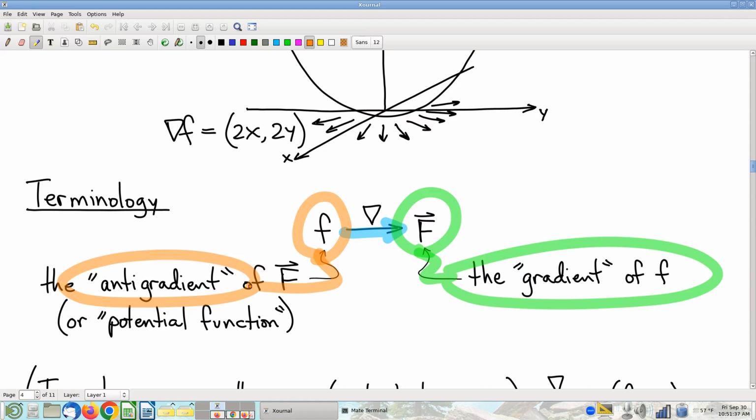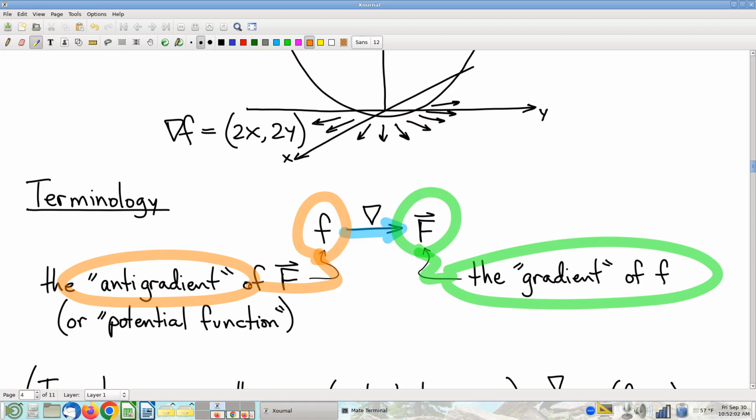Oh, look at this. I wrote the. I'm going to change that. This needs to be an antigradient of the vector field. So I think that's pretty natural and pretty satisfying. Again, just a complete copycat, complete rip-off of the terminological strategy of derivative and antiderivative. Same ideas. Okay. All right.